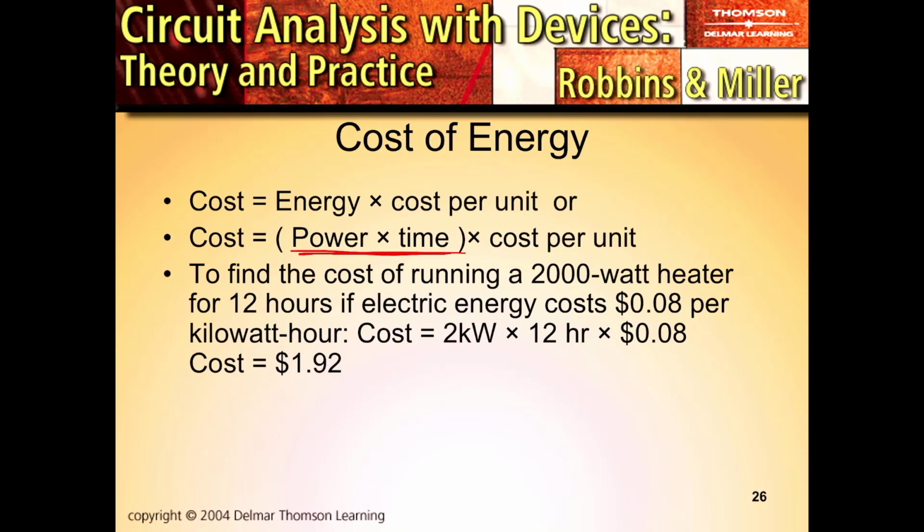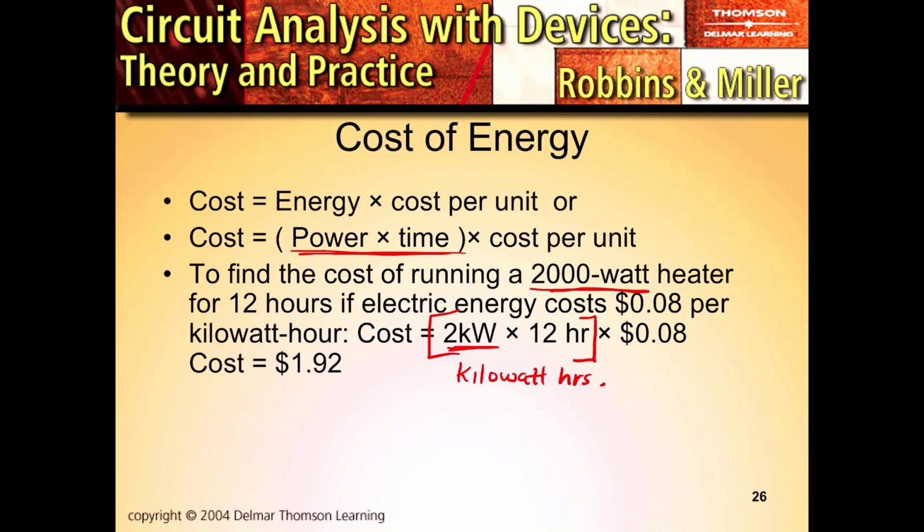It says find the cost of running a 2,000-watt heater for 12 hours if the electric energy costs 8 cents per kilowatt hour. Notice how in the result here, where we figured it out, we changed right away 2,000 watts to 2 kilowatts. That allows us to be working with kilowatt hours, and that's what we have here, is a power times time, which is kilowatt hours.